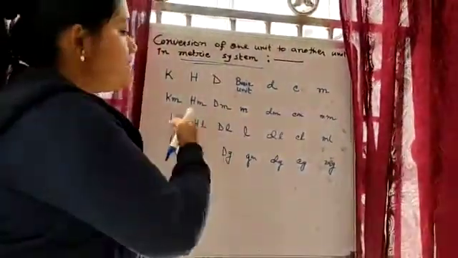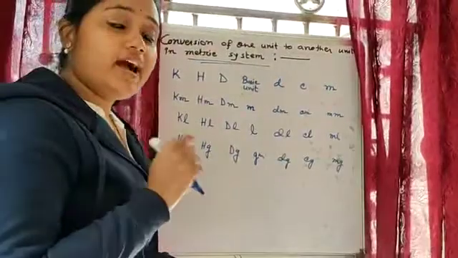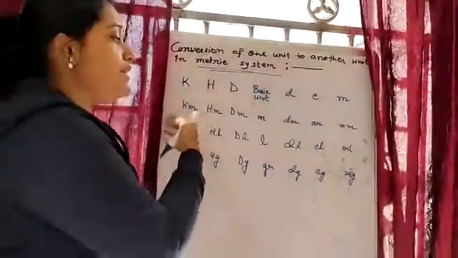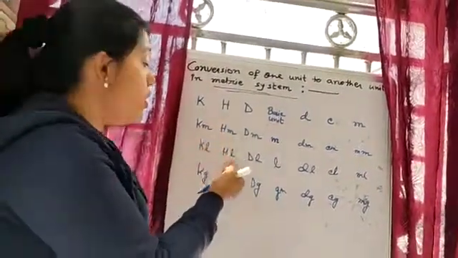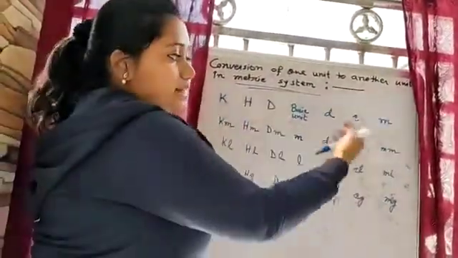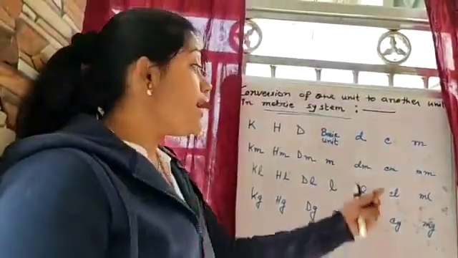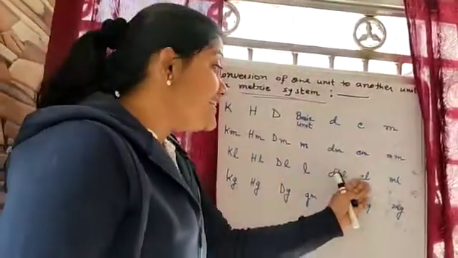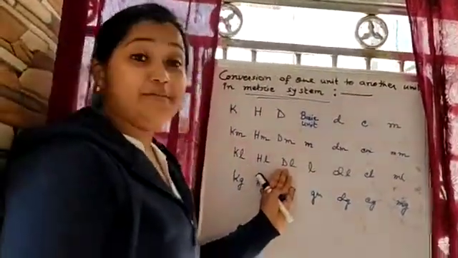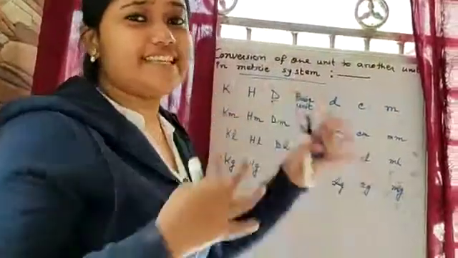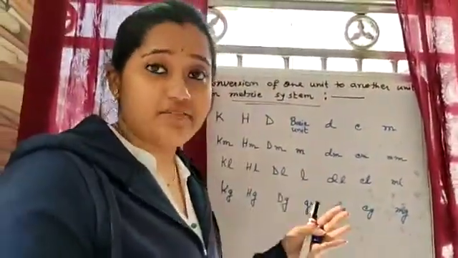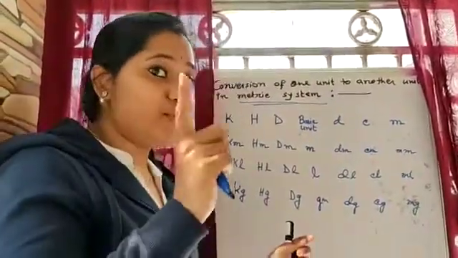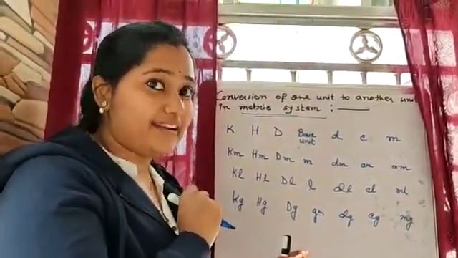Now we will find out that 1 kilometer is equal to how much hectometer, or 1 kilometer is how much centimeter, or 1 centiliter is equal to how much deciliter. All of these kinds of conversion we will learn in this video. So wait and watch. Let's see what happens.